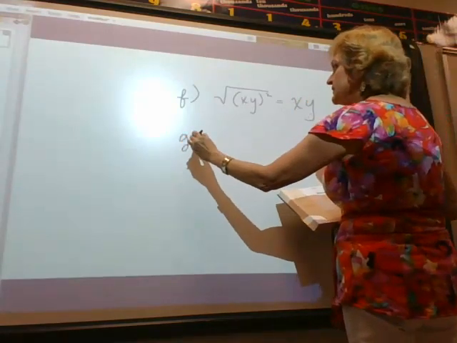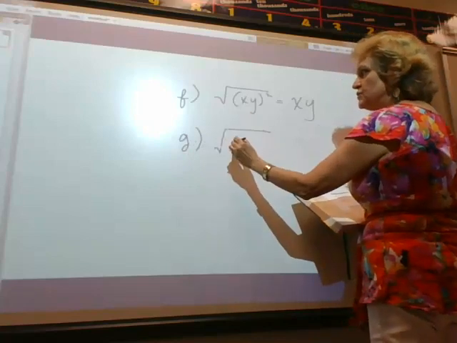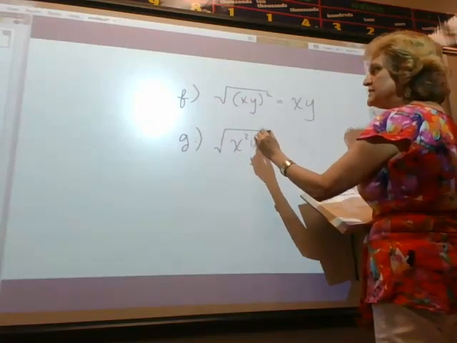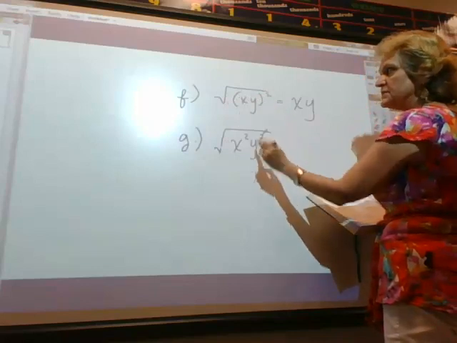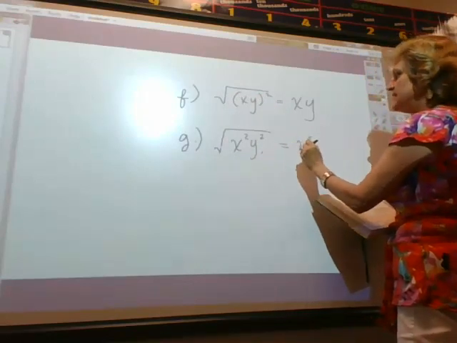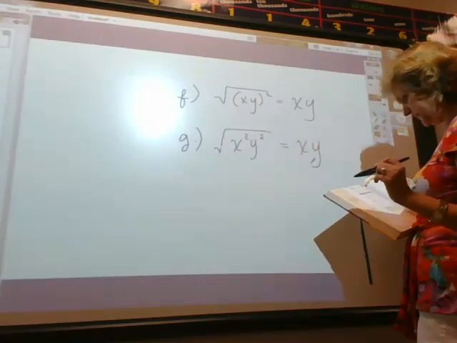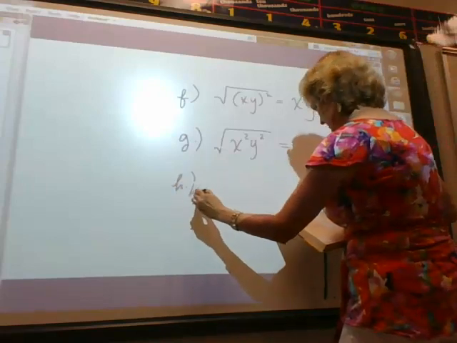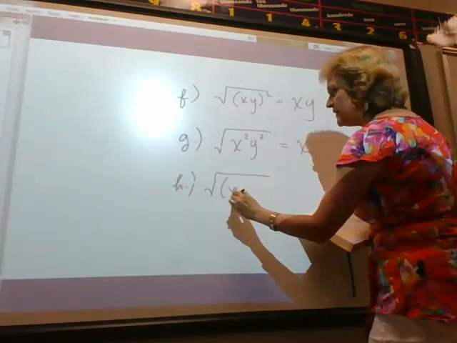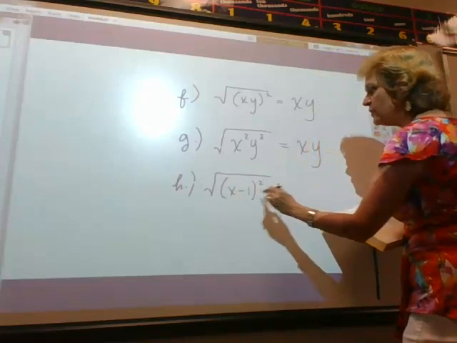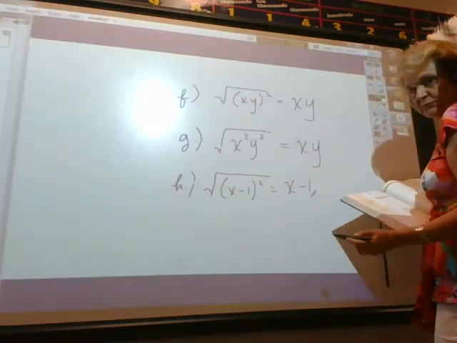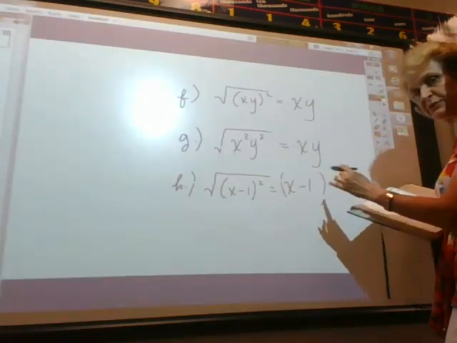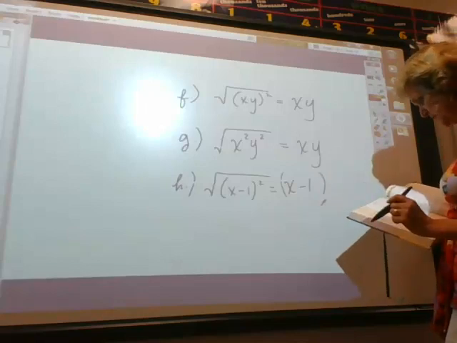For G, it's written, they've distributed. So it's the same thing as this problem, but they've distributed this square, okay? So this answer is also xy. For H, we have the square root of a binomial getting squared, therefore the binomial pulls out, right? You can put parentheses or leave them, it's up to you.